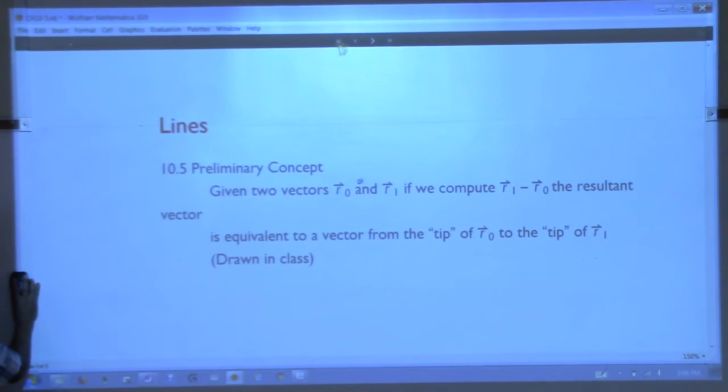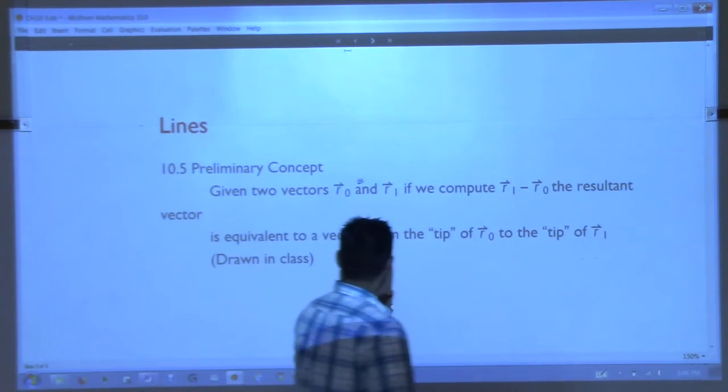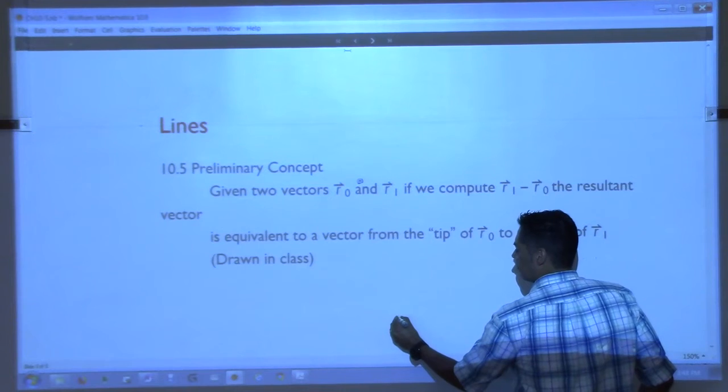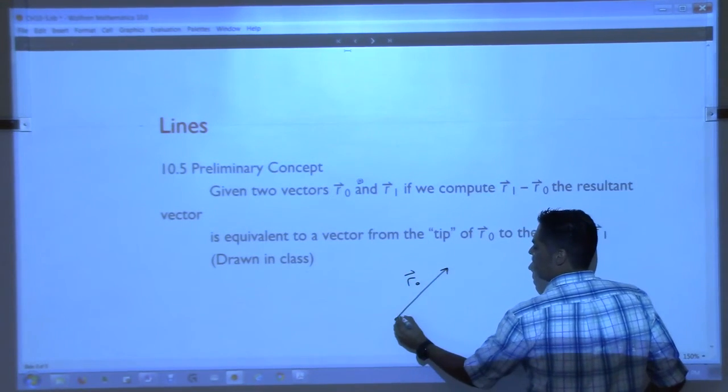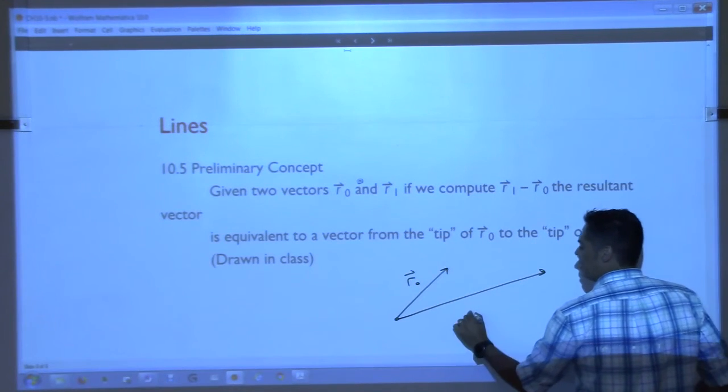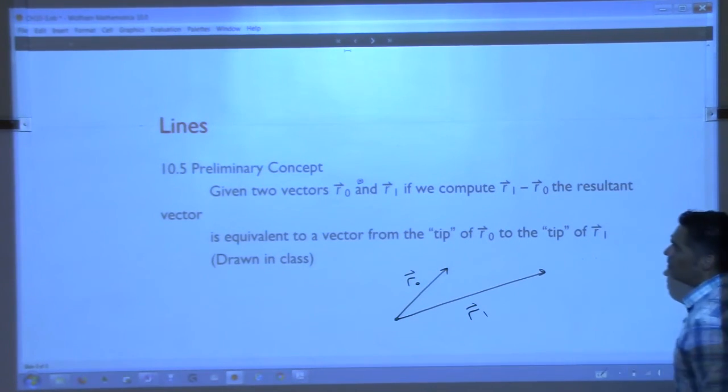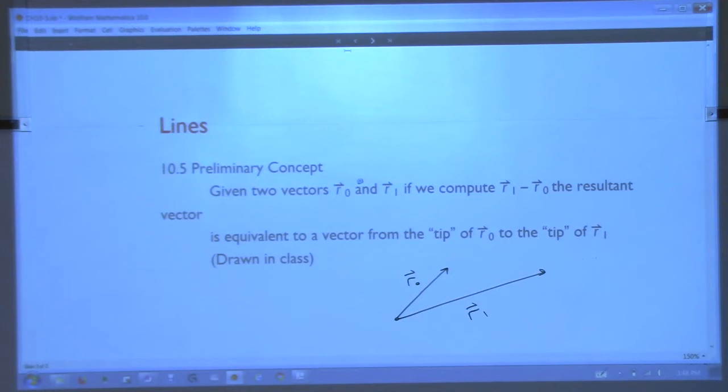All right, so before I can do anything, I need to make sure you understand this: if we are given two vectors, R0, and let's say R1, and we put them tail to tail, then if we compute R1 minus R0, this will give us a vector that goes from the tip of R0 to the tip of R1.